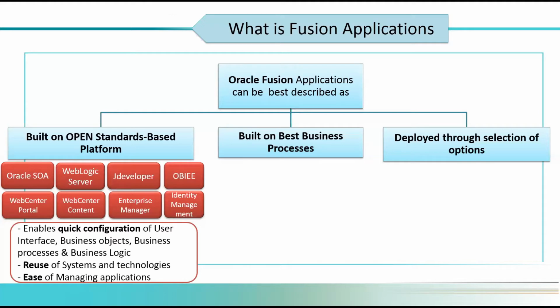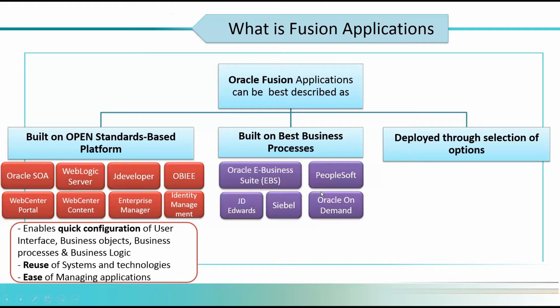That's the standards-based platform. Coming to built on best business processes, what does it mean? Oracle traditionally has Oracle E-Business Suite, and it bought PeopleSoft. It has JD Edwards, Siebel, Oracle On Demand. Oracle took the best features available across all these applications and incorporated them into Fusion Applications.